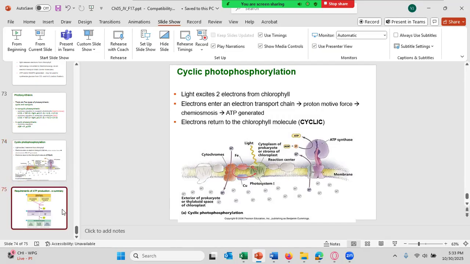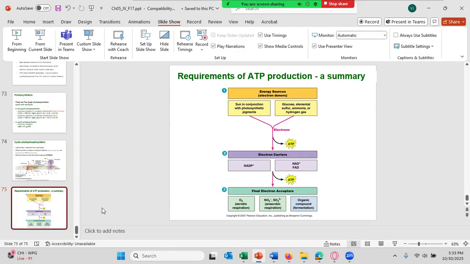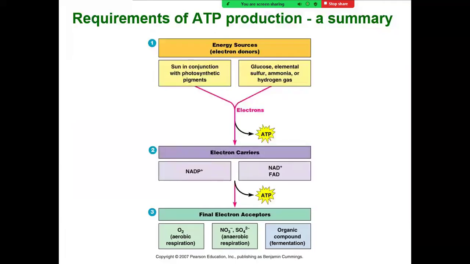All right. So in summary, the energy source, meaning the electron source, can vary. The electrons can come from glucose in carbohydrate fermentation or carbohydrate metabolism and aerobic respiration.